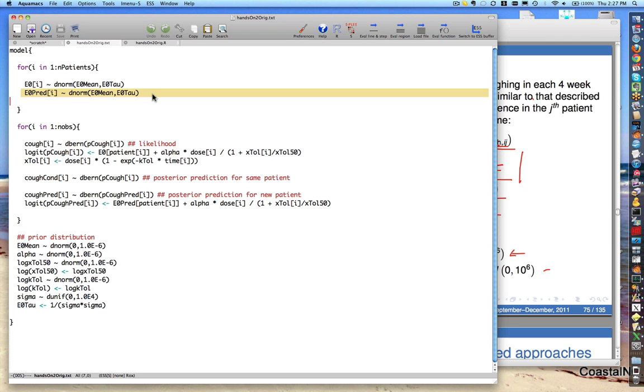So that'll give us both our individual and population predictions in this instance. So that's our WinBUGS model.